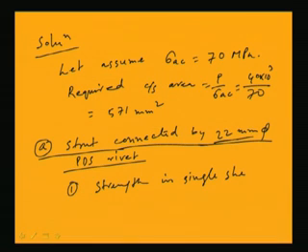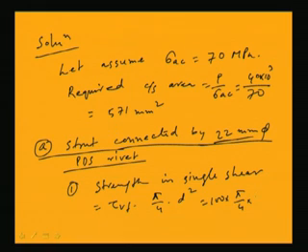So, strength in single shear will be tau Vf into pi by 4 into d square, that will become 100 into pi by 4 into d, which will become 23.5, because 1.5 will be the tolerance for the hole, divided by 1000 to make it in kilonewton.